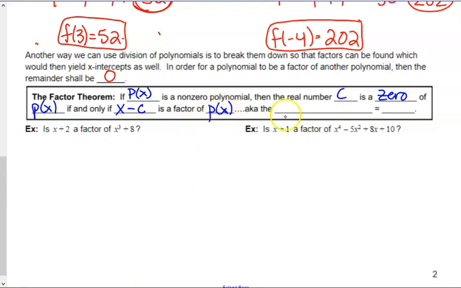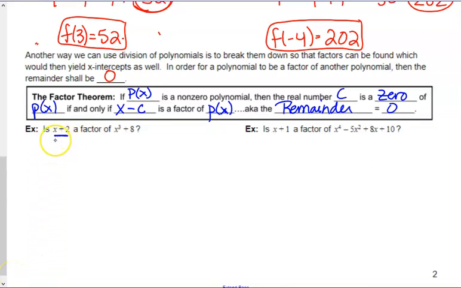Now, I like to look at it in layman's terms. AKA, if your remainder equals 0, that means you have a factor. Okay, again, just like before, we didn't care about any number except for the remainder. We don't care about any other number except for what remainder I kick out at the end.